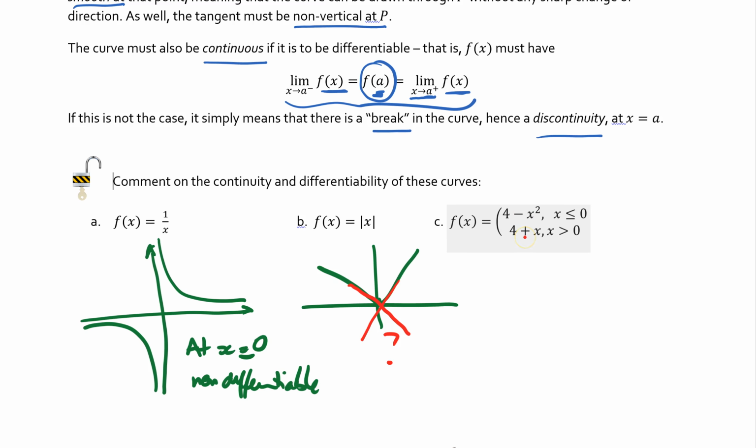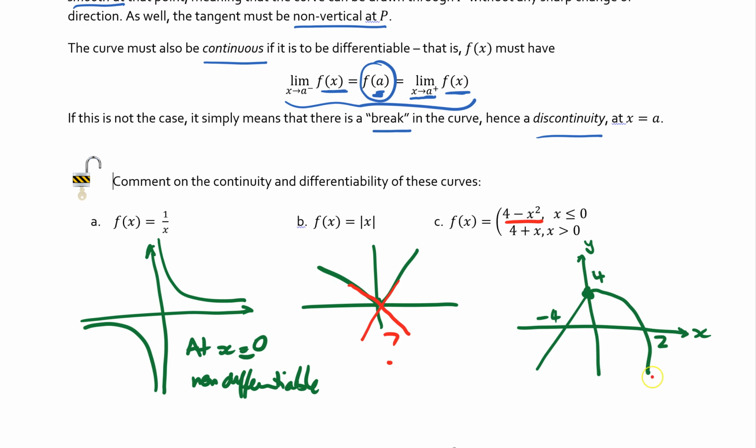Now our next function is a piecewise function, so I'll just sketch that up. So for this piecewise function, the first thing to notice is that as we plot 4 minus x squared, the concave down parabola, for values of x greater than or equal to 0, so on the y-axis the value will actually be 4.